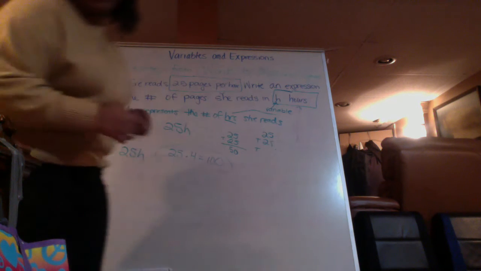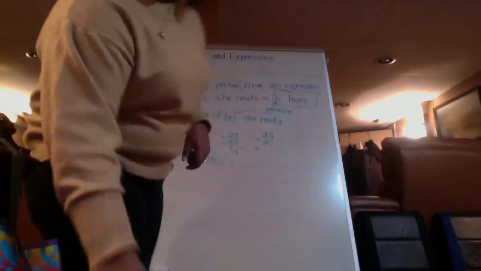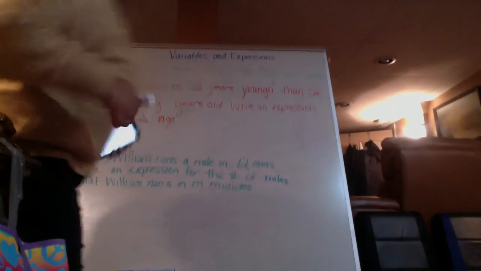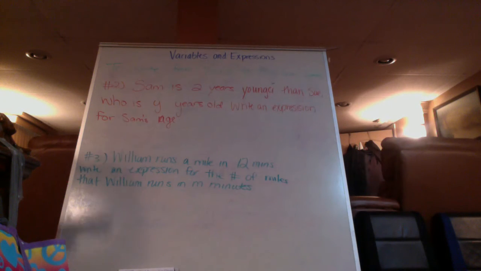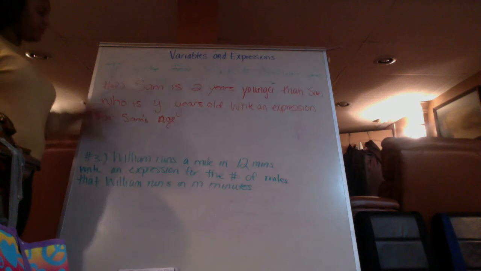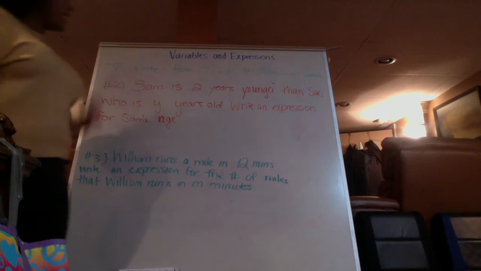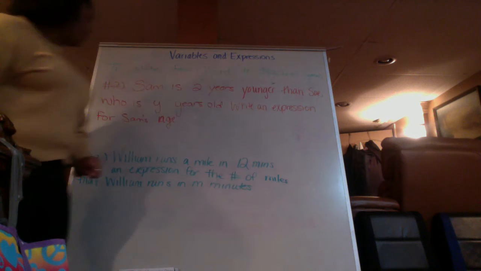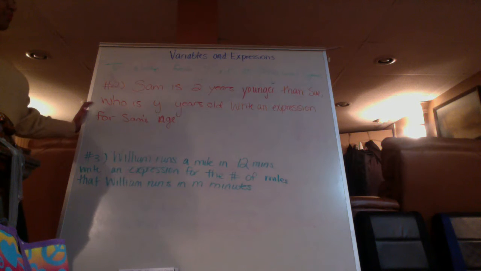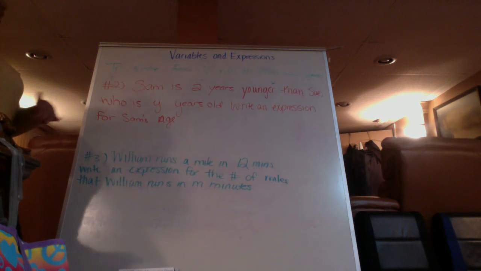Okay, so moving on. Okay, so we're back on to number 2, and I wrote out number 3 as well, but we're just focusing on what's in red for right now. So Sam is 2 years younger than Sue, who is Y years old. Write an expression for Sam's age. Once again, important details.